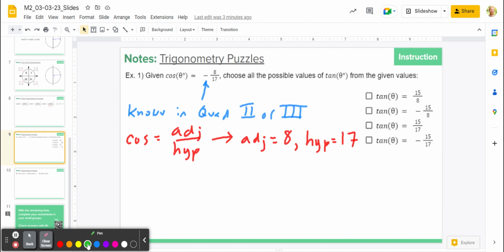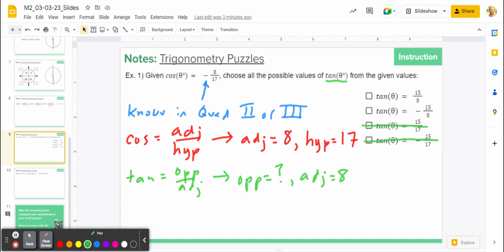So finally, something we know is that our tangent is going to have to be our opposite over our adjacent. We don't know what our opposite is yet, so opposite equals question mark. However, we do know that our adjacent equals 8. So that means the bottom of our fraction is going to have to be equal to 8. We can cross off both of these values right now if we wanted to.